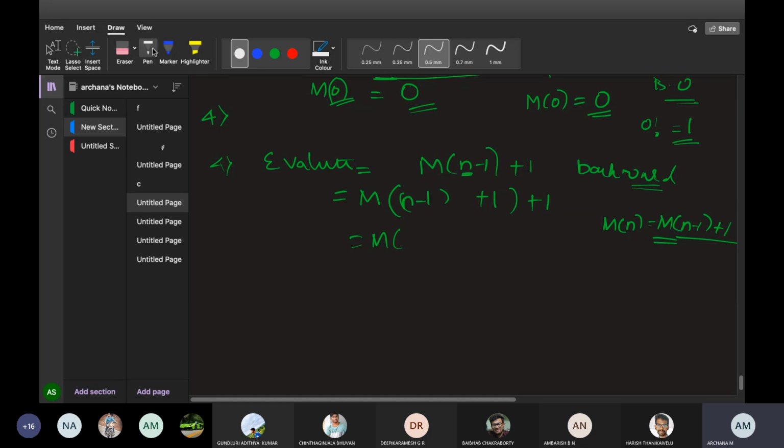You don't know substitution in maths? In n place, put this. What will you get? N minus 1. Tell me.